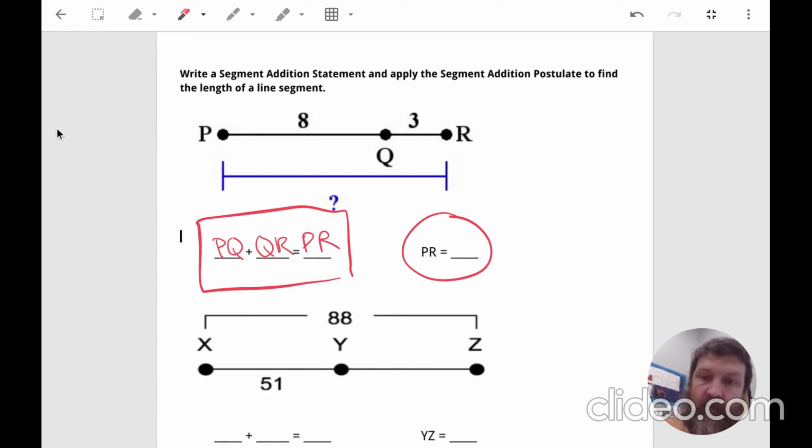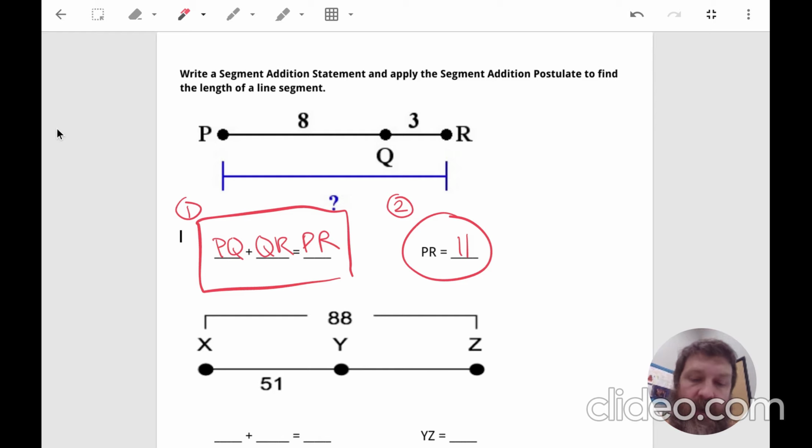You have one of the smaller parts, the other smaller part, adding up to the larger, longer length, in this case PR. And then with this second part of the problem, so this is part 1, part 2, you're going to write the actual numerical value. In this case, 8 plus 3 is 11, and that would be your answer for the problem there.